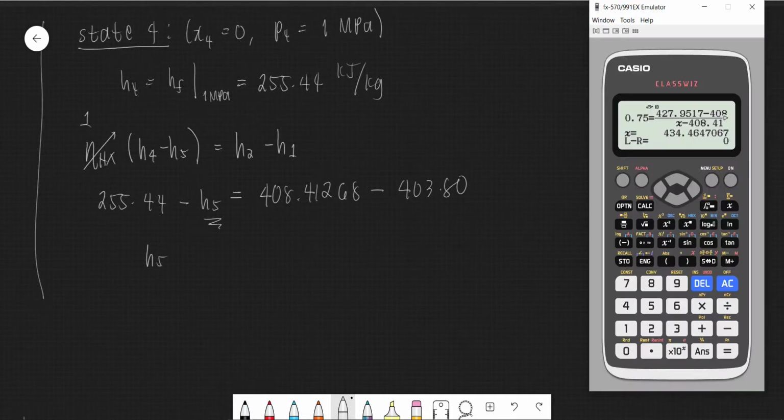Let's just solve it here. And then press Shift, Solve. So, it's probably close to 250. Input 250. Press Enter, or press equals rather, and then press equals another time. So yeah, our answer is 250.83.